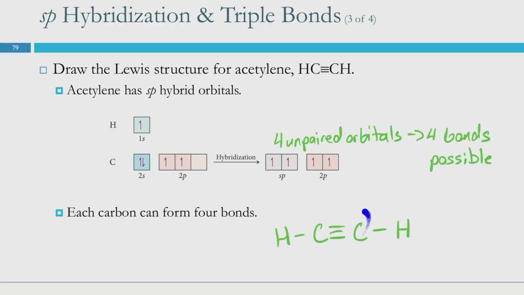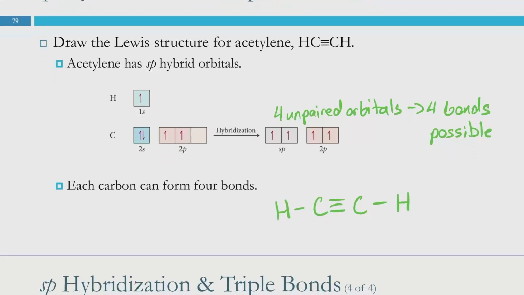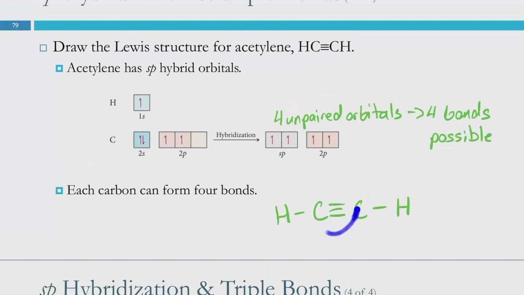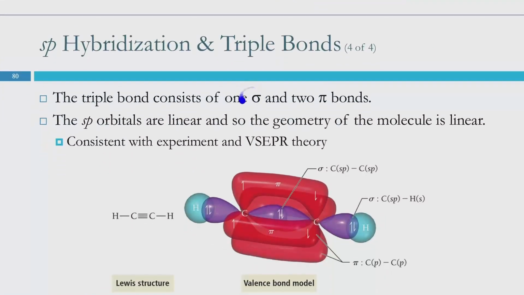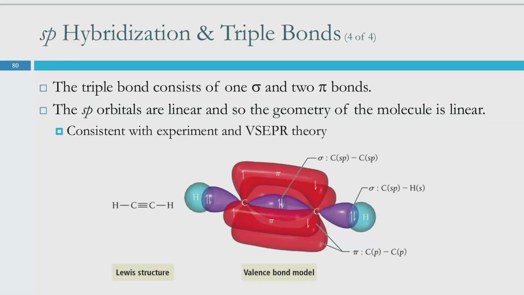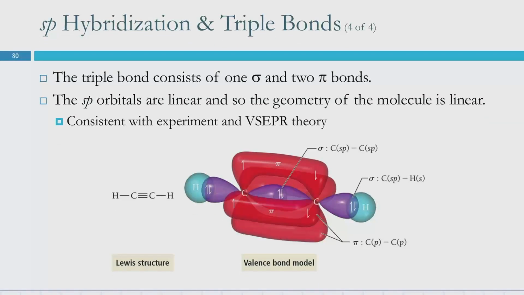If we're looking at either of the carbons, it's going to be linear. They've got 2 electron groups on them, so they're going to be at complete opposites from each other, and we'll get a 180-degree bond angle. And this triple bond contains 1 sigma bond, 1 end-to-end bond between the sp orbitals, and it also contains 2 pi bonds, the side-on overlap bonds.